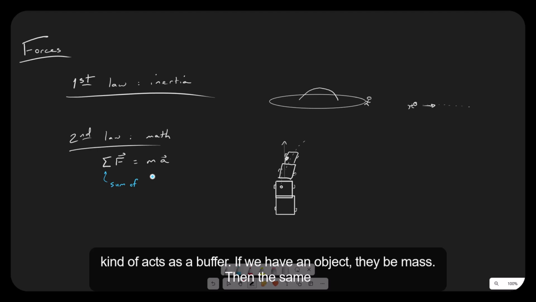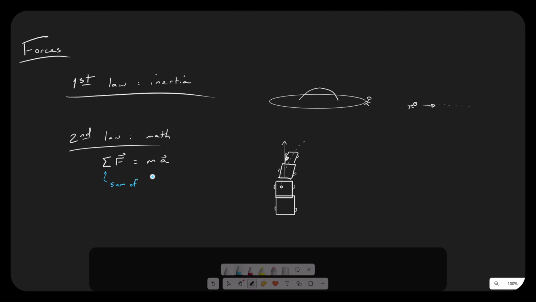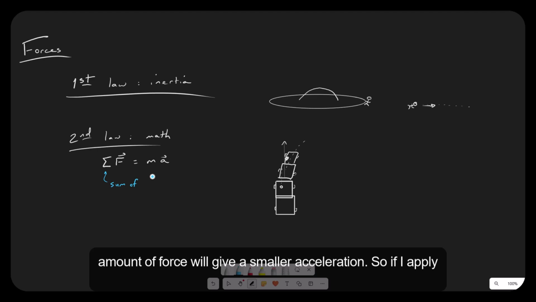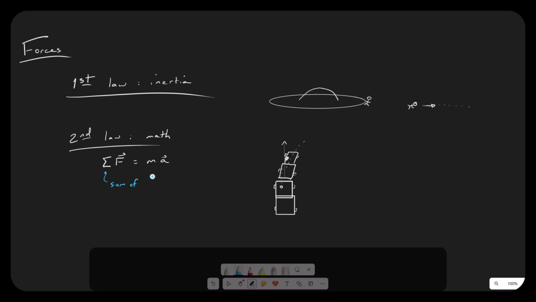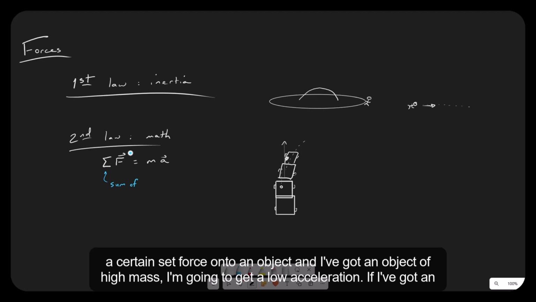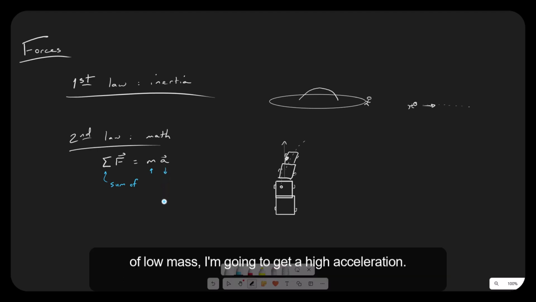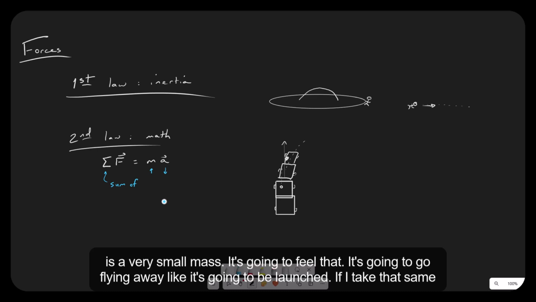If we have an object with a big mass, then the same amount of force will give a smaller acceleration. So if I apply a certain set force onto an object, and I've got an object with a high mass, I'm going to get a low acceleration. If I've got an object with a low mass, I'm going to get a high acceleration. If I have a tennis racket and I take a swing and I happen to hit a housefly, that housefly has a very small mass.